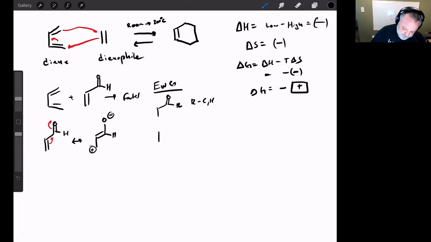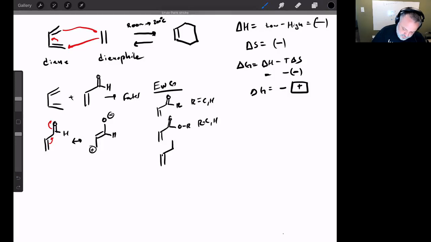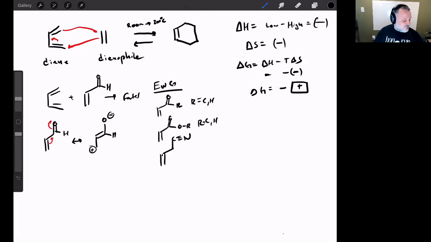It could be COOR, where R is a C group or a hydrogen group, or it could even be a nitrile group. That's also a possibility.